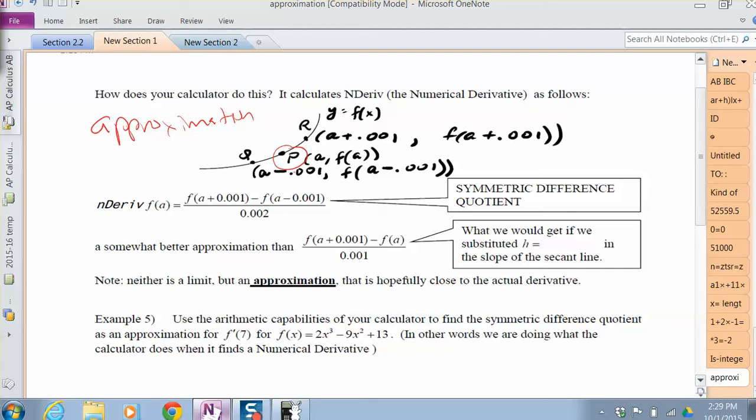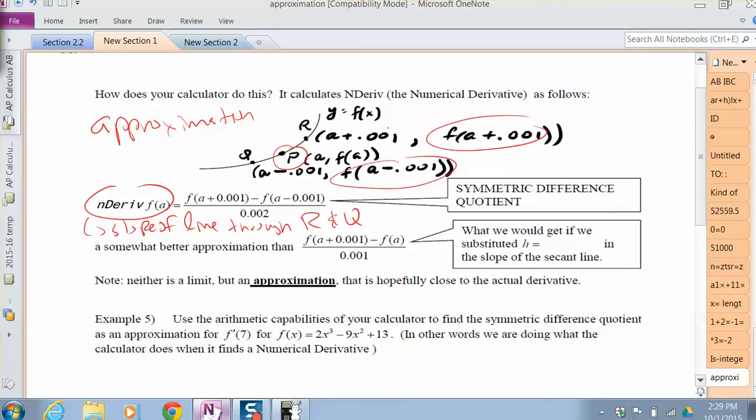So what nDeriv is doing is taking the slope of the line through R and Q. So it's basically subtracting this with this and divided by the difference of that and that.